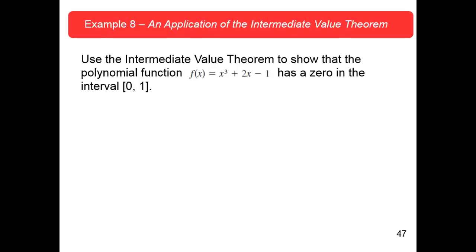So, use the intermediate value theorem to show that the polynomial function f(x) = x cubed minus 2x squared plus 2x minus 1 has a zero on the interval 0 to 1. How would you show that it does have a zero there?